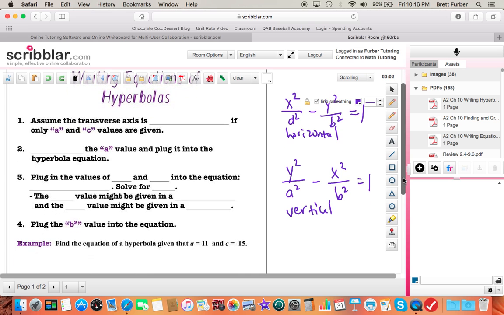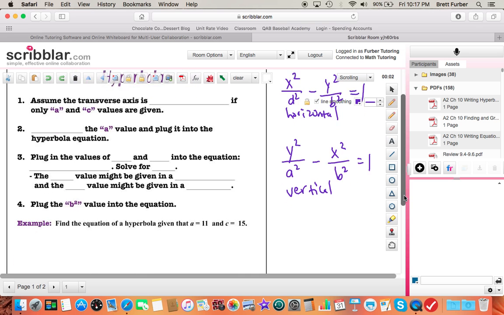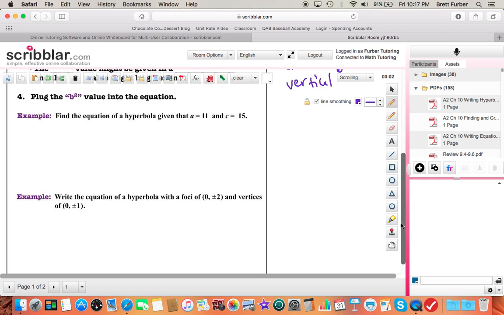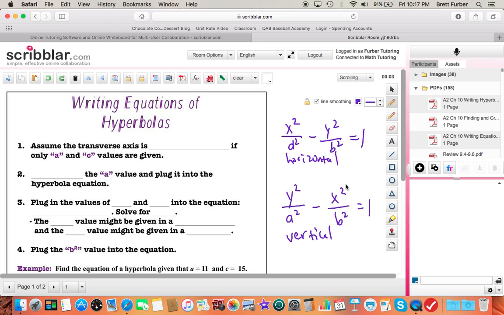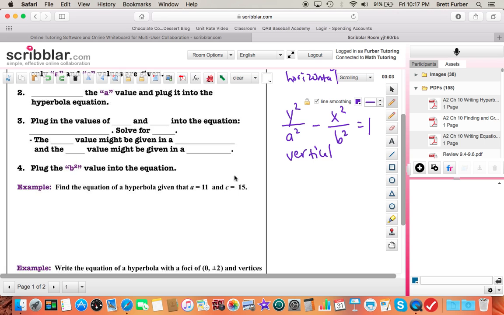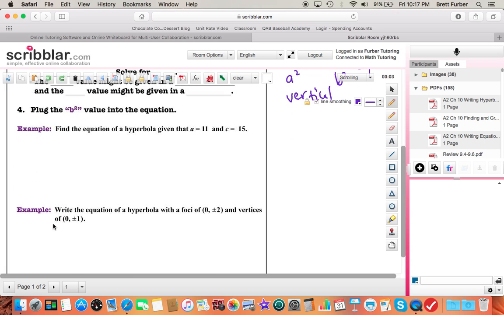The two types of problems that we're going to be dealing with, I'm going to jump for just a second to look at the problems, are examples where they give you an a value and a c value. Now obviously when you look at these equations there's no c value in them, so we're going to have to do something in order to find the b squared value. The other example type are ones where they're actually going to give you the foci points and the vertex points.